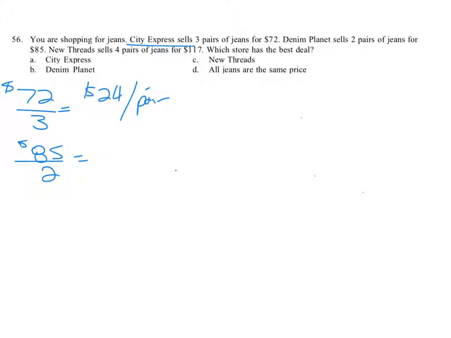And if we added a 0 and brought it down, we'd say 2 goes into 10 5 times. So 42.5, or since it's money, $42.50 per pair.